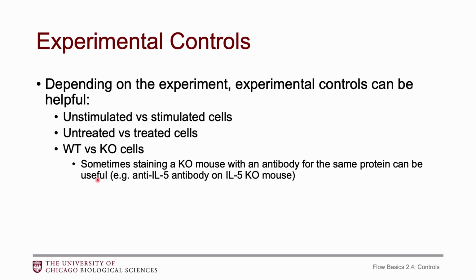Or sometimes what people will do is they will mix their cells. They'll create their FMOs or their single stain controls by mixing their unstimulated and stimulated cells. That's one option that you might consider.